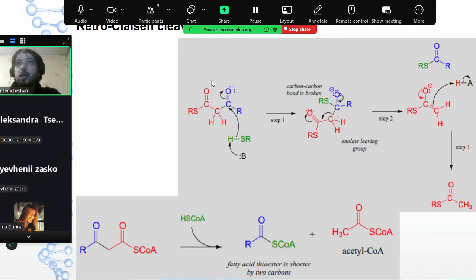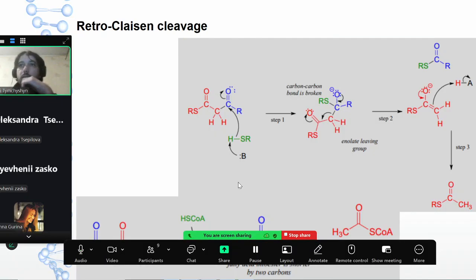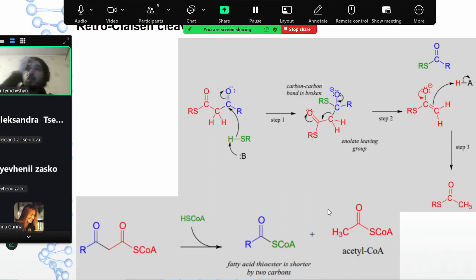Here is some example of chemistry that's called a retroglycan cleavage. So I wanted to consider a little bit more detail of the mechanism of what is going on there, and how this reaction is performed. You see the overall reaction on the bottom.